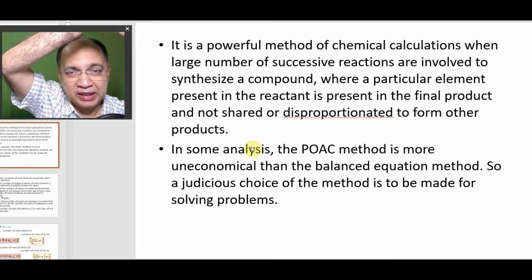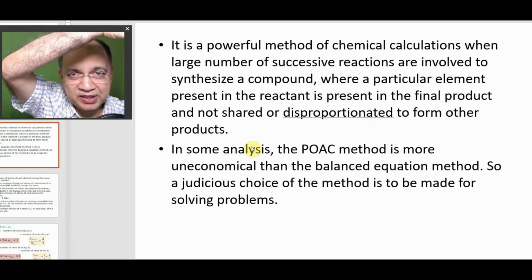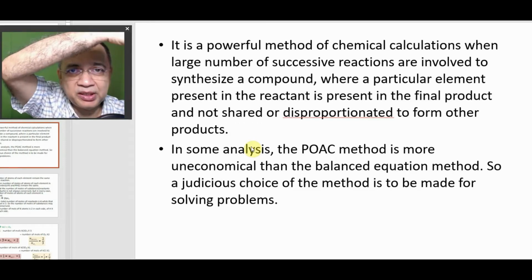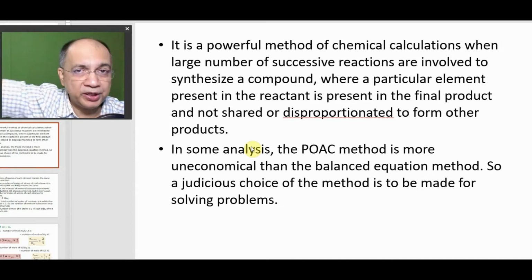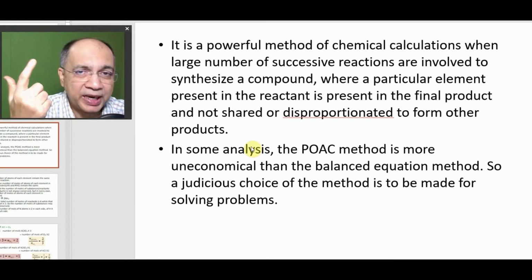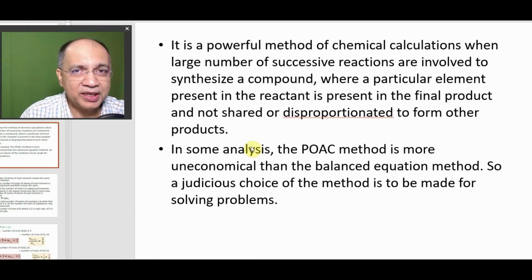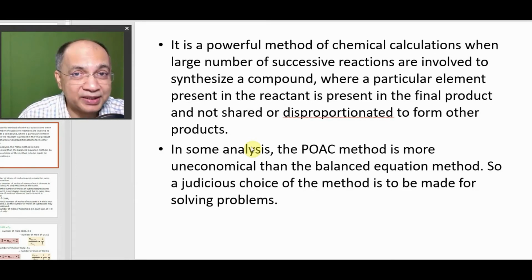You are taking the first starting material and the final product, correlating between these two species because they carry the common element, and the conservation of that particular element, the number of atoms, that will fetch you the correct analytical answer within no time.